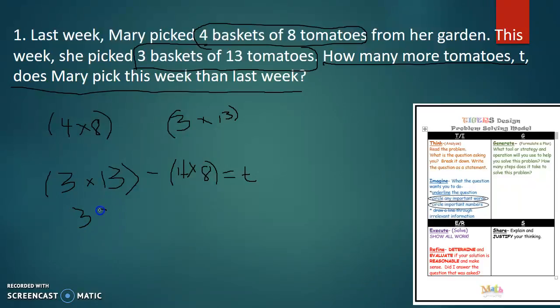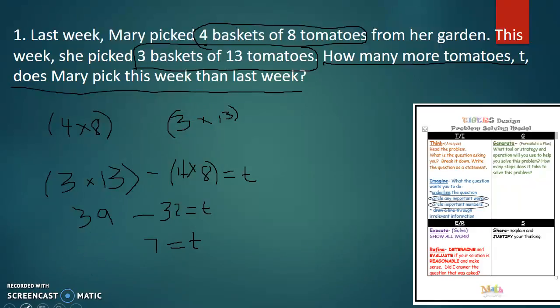So I have 39 minus 4 times 8 is 32 equals T. So I know 39 minus 32 is 7. So she picked 7 more tomatoes this week than last week.